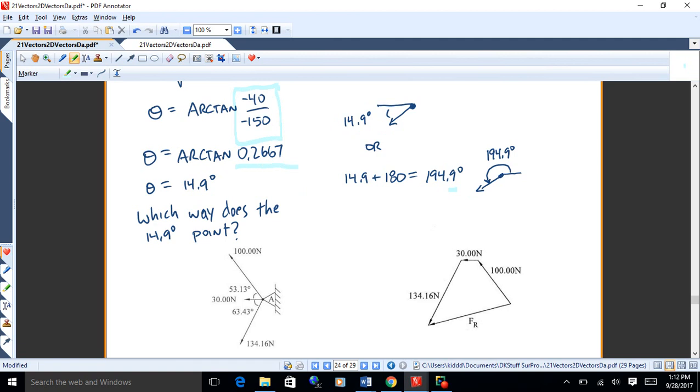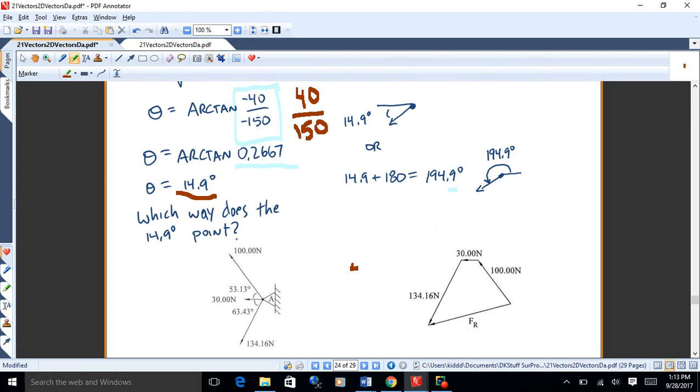That's a positive 0.2667 is what it is. Now, your calculator's got a problem because it doesn't know the difference between these two things, see? Those will both get 0.2667. So it doesn't know the difference when it does this. So what it'll kick out is an answer that is always in quadrant 1 or quadrant 4. It gets you an answer of 14.9 degrees.